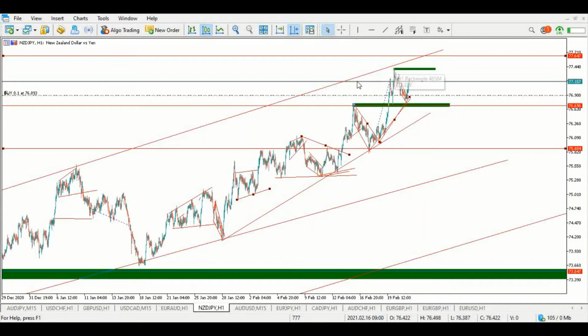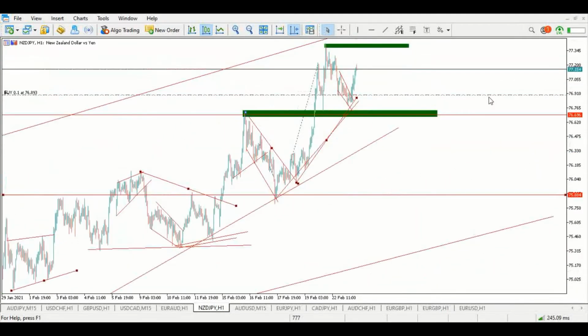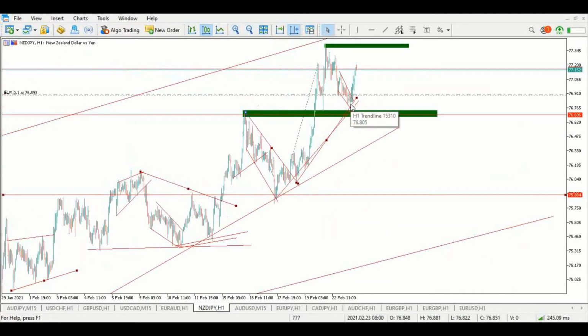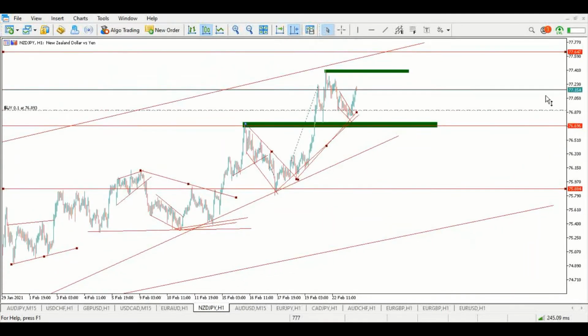If I start seeing weakness in terms of the gradient of the trend that I'm currently riding, which is this one, then that will be an indicator for me to exit.